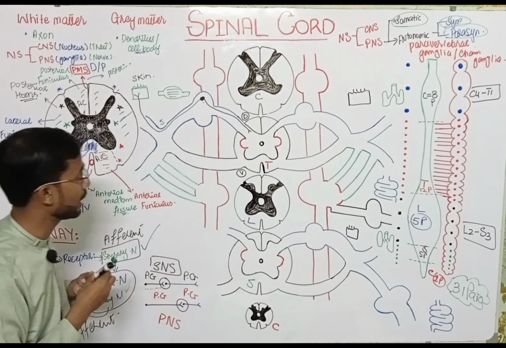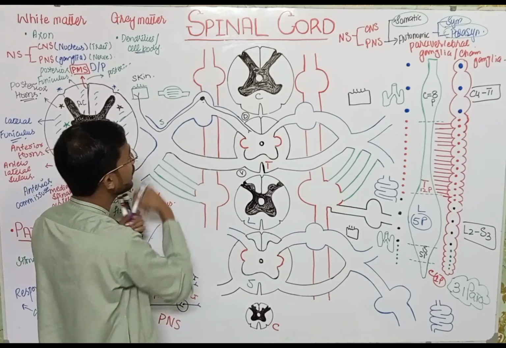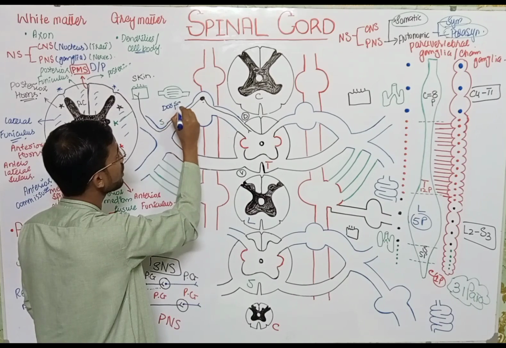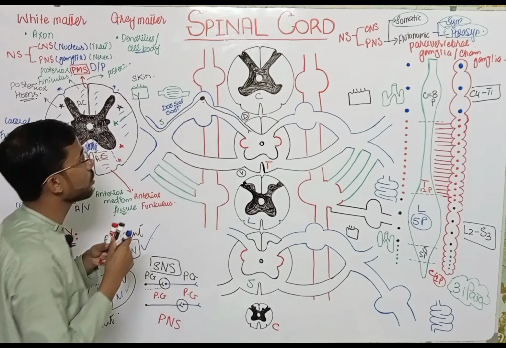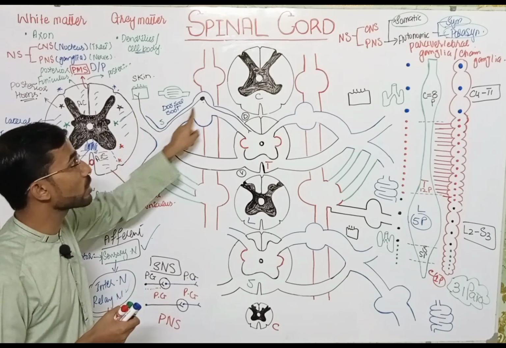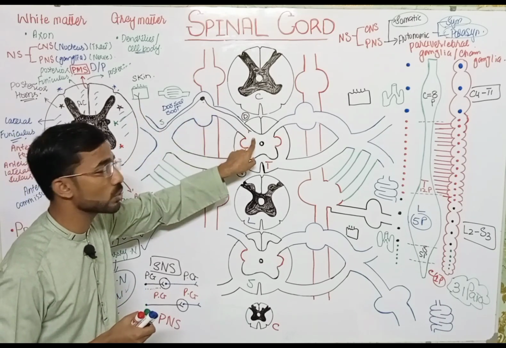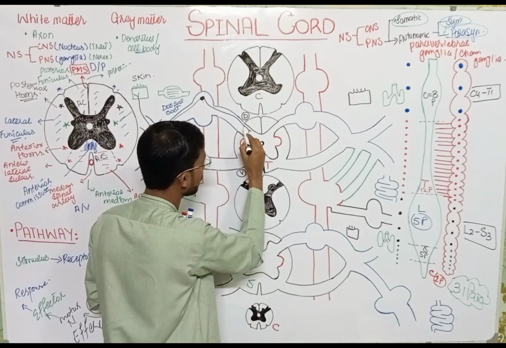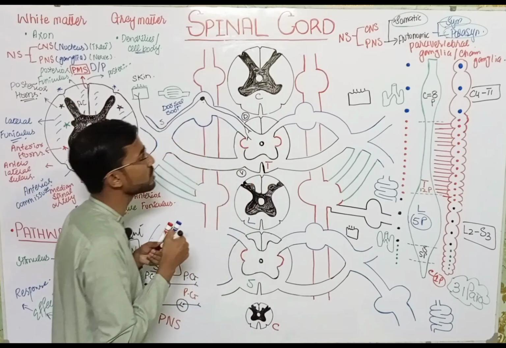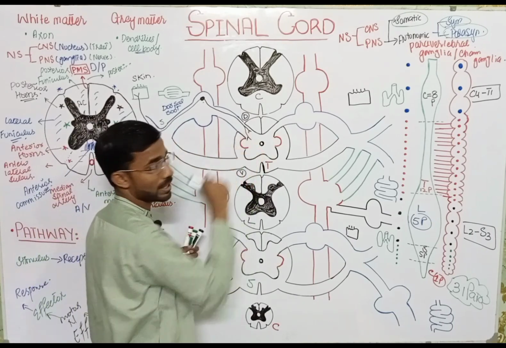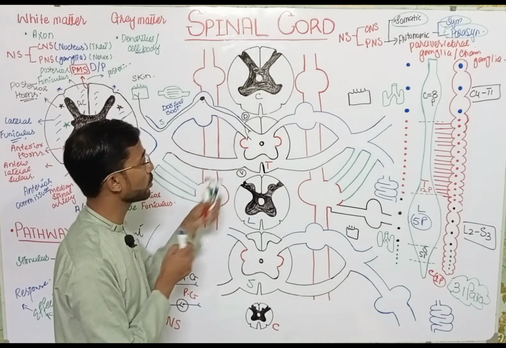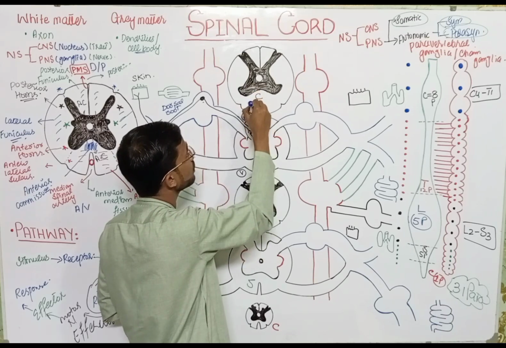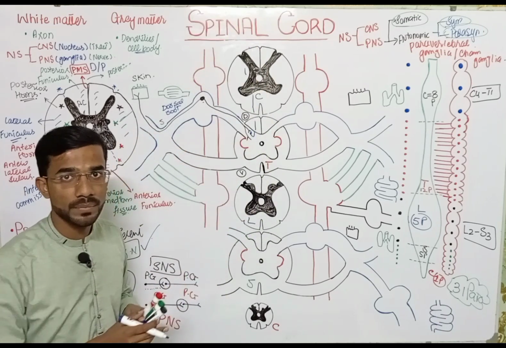At the dorsal side you will see the dorsal root, and through the dorsal root the sensory neuron carries the message toward the spinal cord. There are two branches of the sensory neuron. One carries the message upward and ultimately reaches the brain.